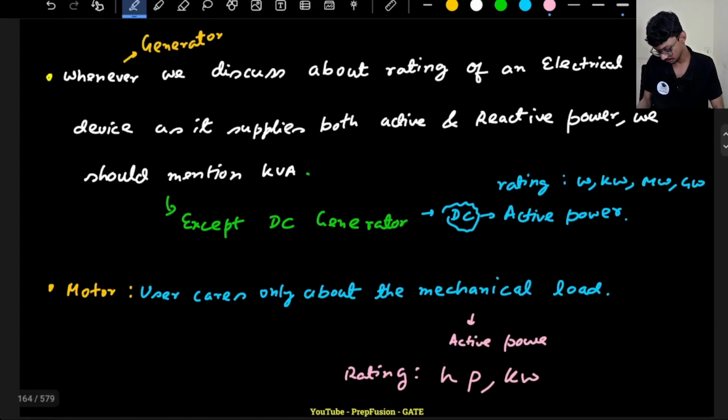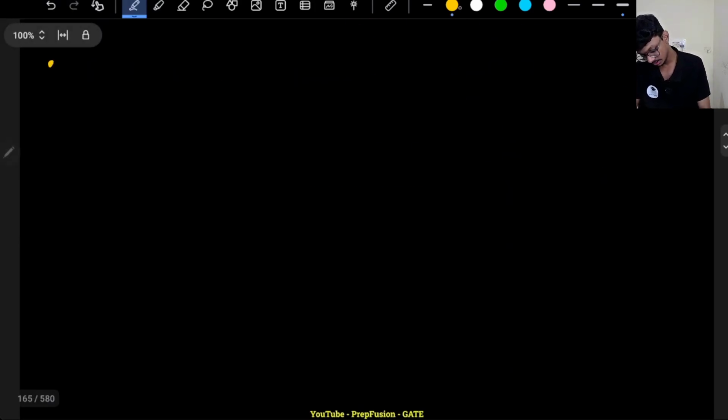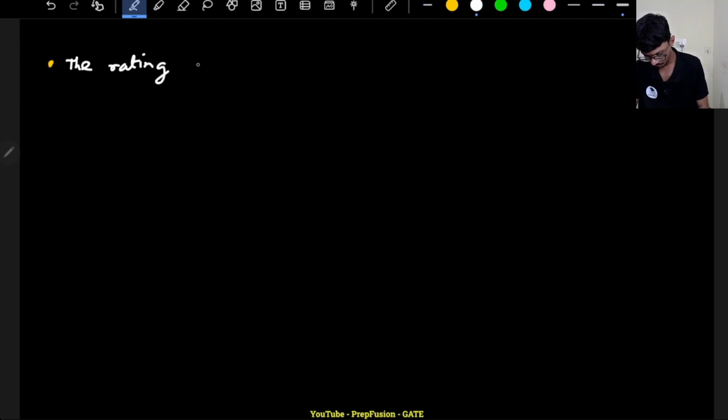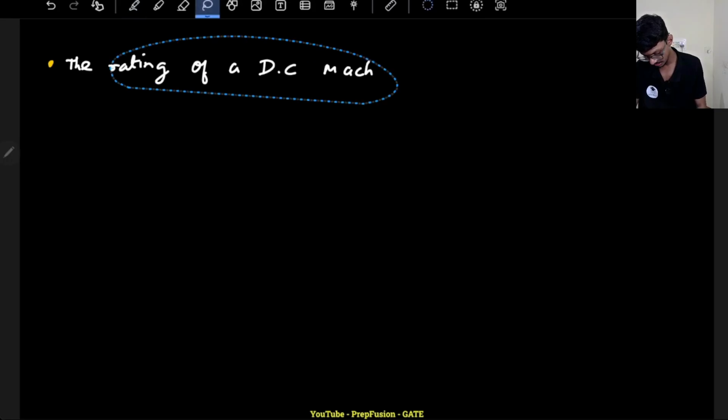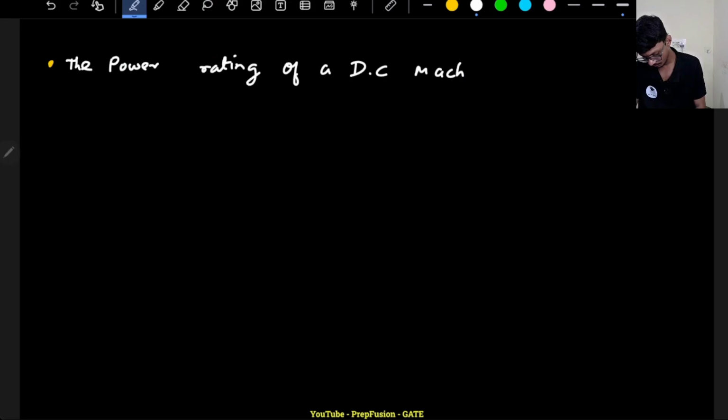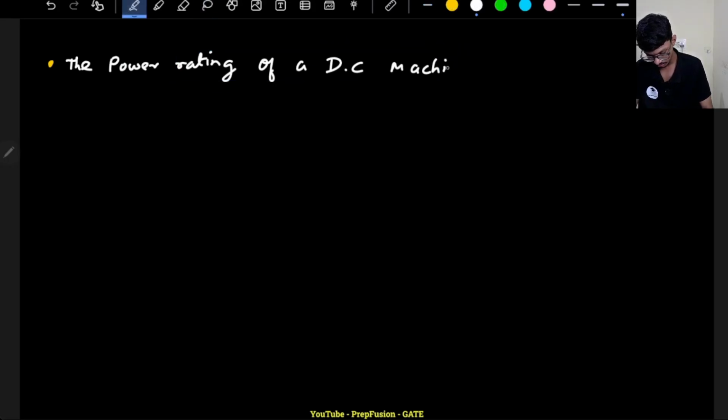One more important key point: the power rating of a DC machine does not depend on the number of parallel paths.